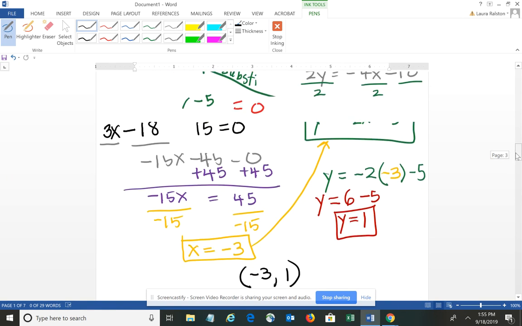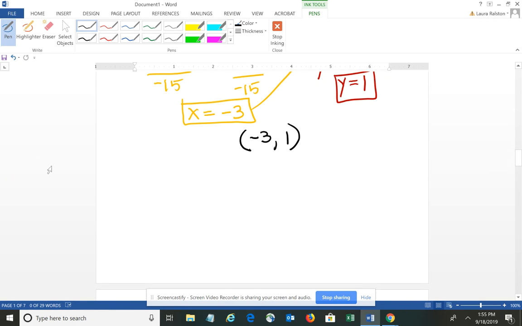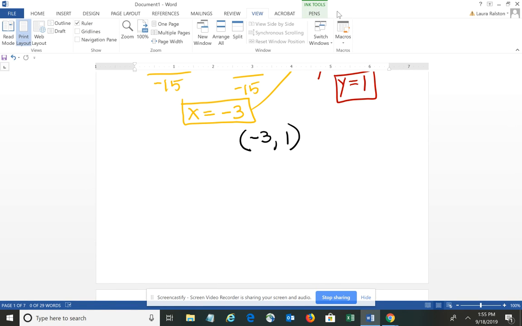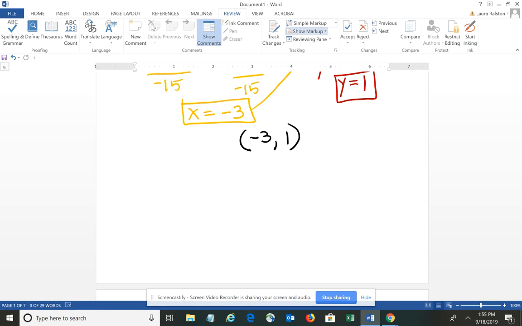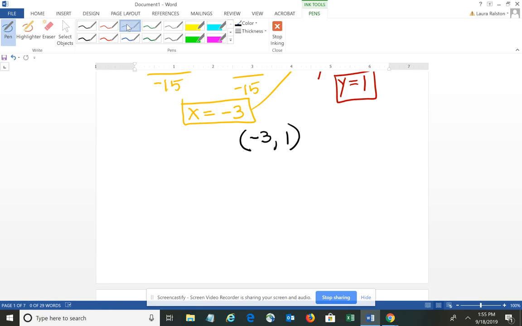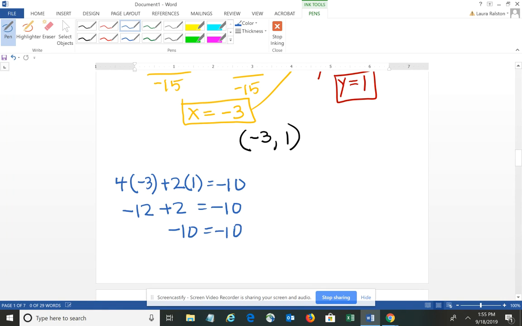If I substitute into the original problem, I would have 4 times negative 3 plus 2 times 1 equals negative 10. So I have negative 12 plus 2 equals negative 10. Negative 10 equals negative 10. It's a true statement. So I know that it works for that equation.